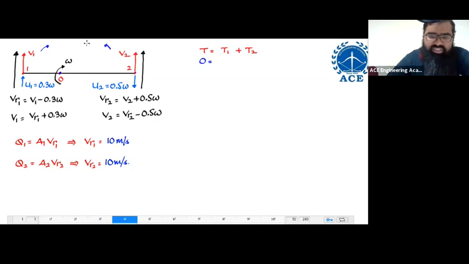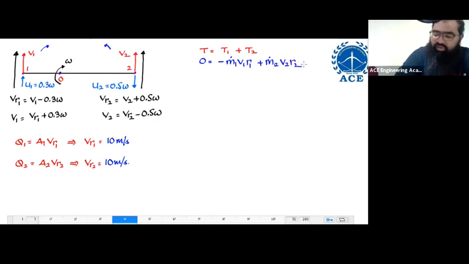If both the direction senses are opposite, then I have to take one as positive, the other as negative. Let us say I'm taking anti-clockwise positive. So clockwise is negative. Therefore, this has to be minus m dot 1 v1 r1, and this has to be plus m dot 2 v2 r2.